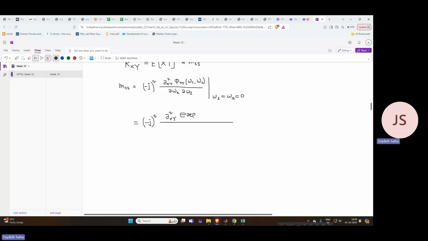This is exponential of minus 2 omega 1 square minus 8 omega 2 square, delta omega 1, delta omega 2.